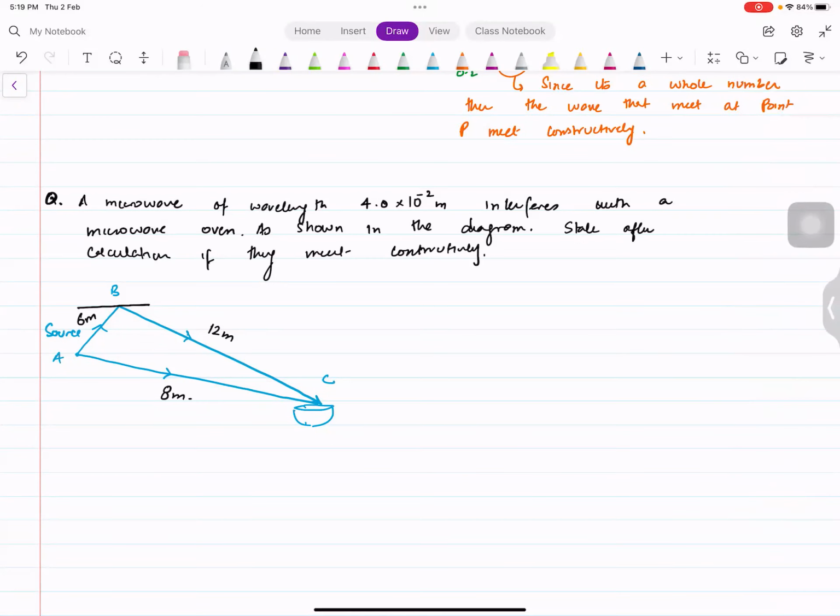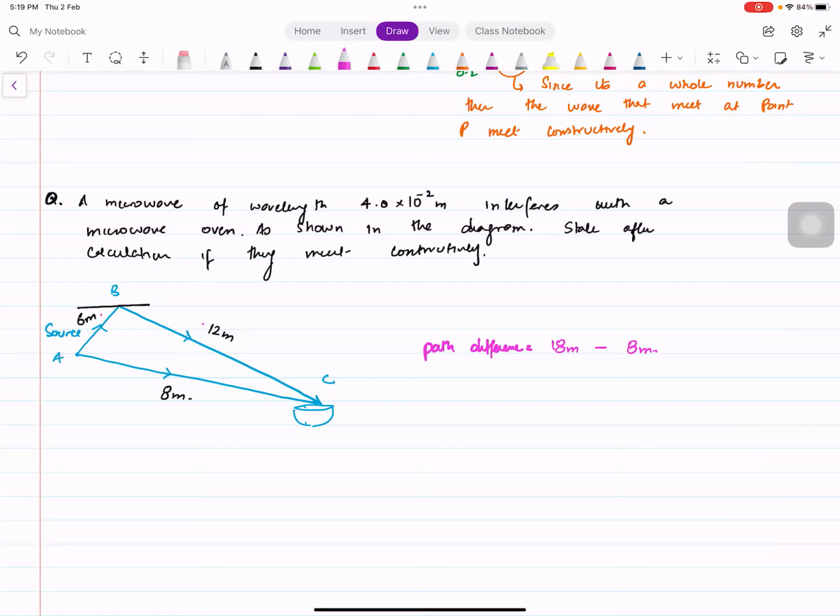So, Ikra, what was your path difference? 6. How? What did you do? ABC is one path and AC is one path, right? So it should be 6 plus 12, which is 18, minus 8. Do you get my point?